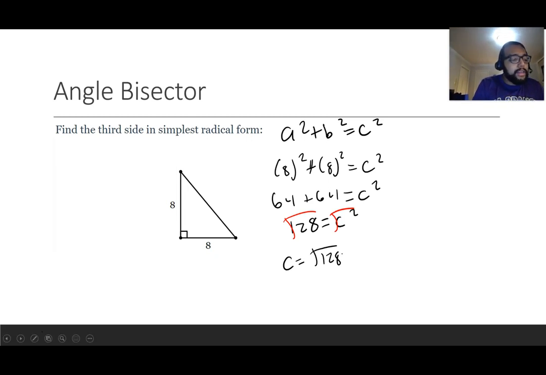Now, if you plug the square root of 128 into your calculator, you'll get a decimal, 11.31 something. You want to keep it as precise as possible. So this is where we come to our good old classical simplifying square roots. There are different numbers you can use here. I know that you can do 8, just because I kind of know how numbers work.